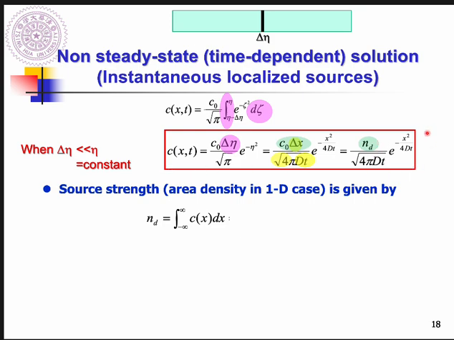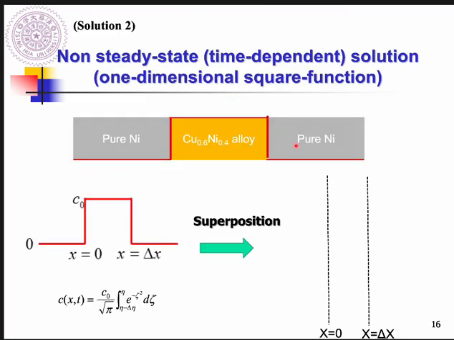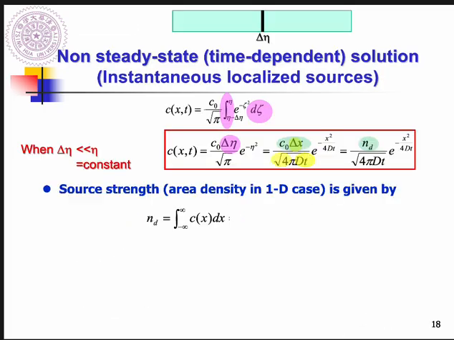So this is the finalized concentration profile for this step function. Also, sorry, square function, or the corresponding solution for this limited diffusion case, where we have a diffusion source in between two materials.